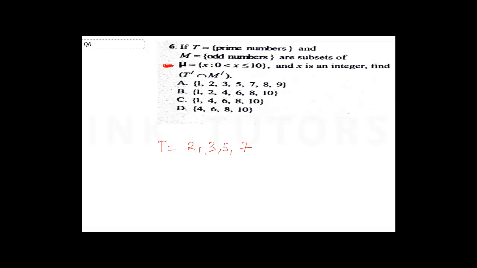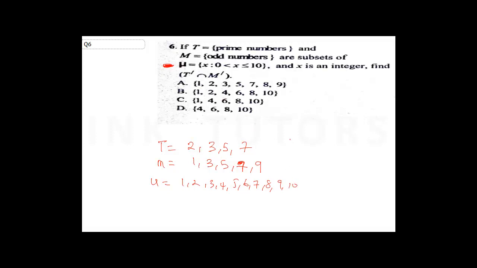These are the prime numbers between 1 and 10. Then m says odd numbers. So odd numbers will be 1, 3, 5, 7, and 9. Then our u will be 1, 2, 3, 4, 5, 6, 7, 8, 9, 10.